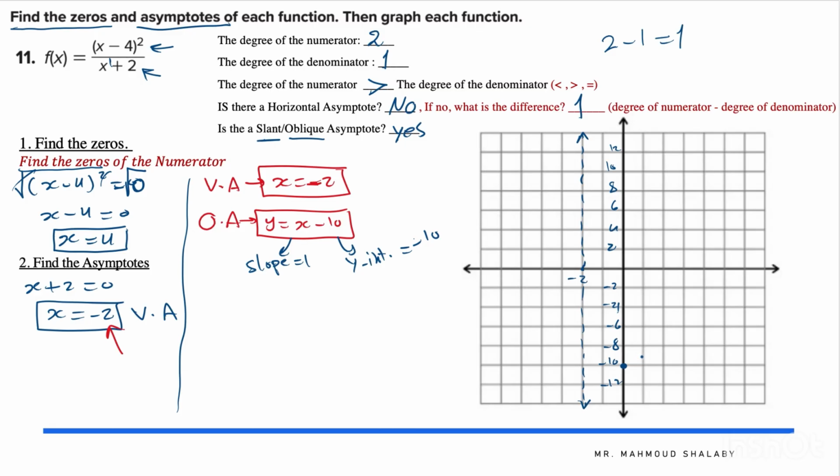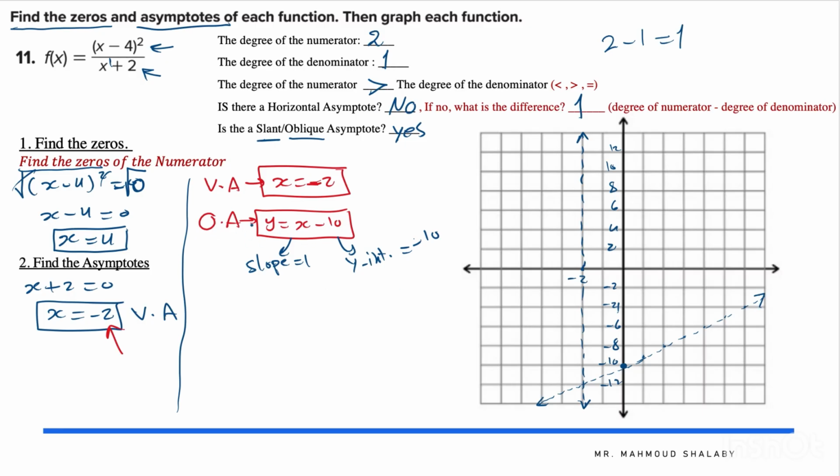Because we are counting here by 1, but here by 2, it will be points like this. You can either draw it or use a table of values. This is the other asymptote, y equals x minus 10.